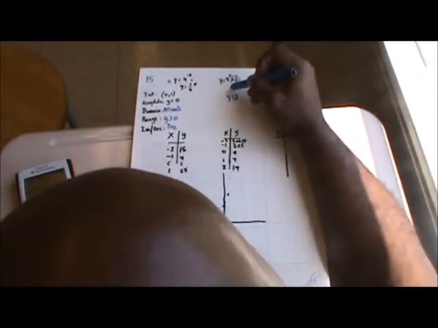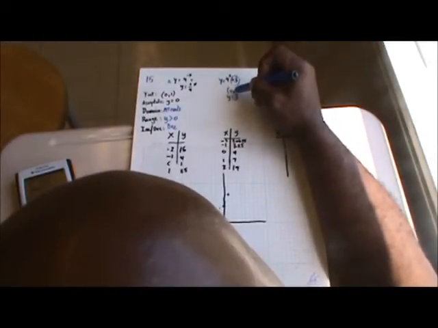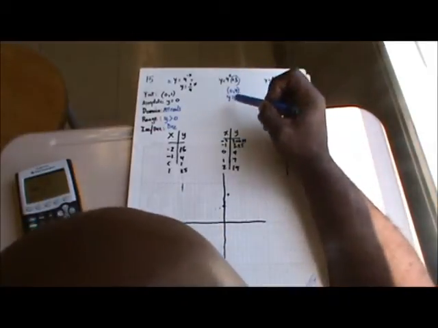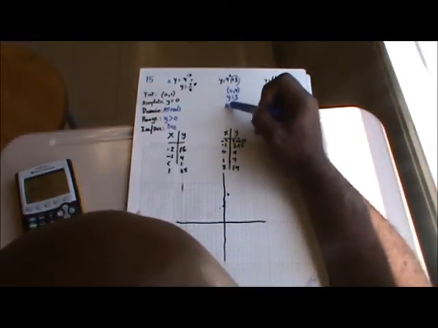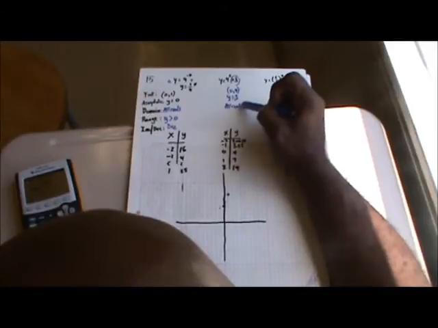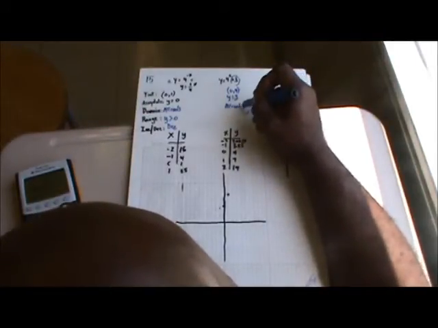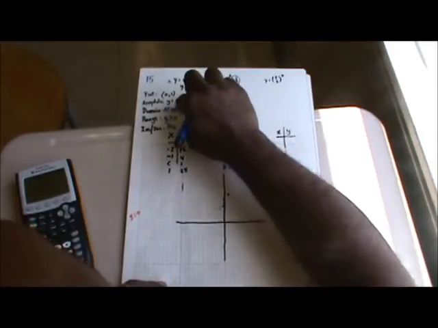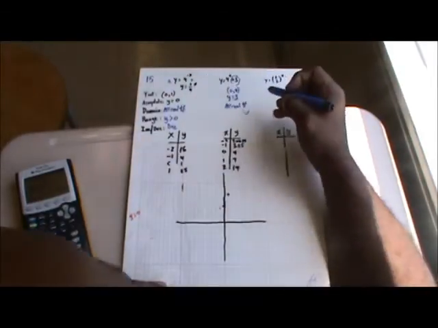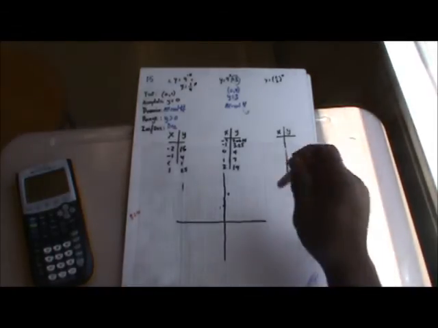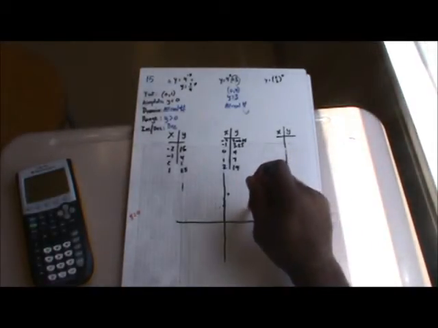Your y-intercept: if I plug 0 in here, I get 1 plus 3, which is 4, so it's going to be at (0, 4). You have all real numbers for the domain because it goes all the way left and all the way right. We'll see our asymptote is raised.